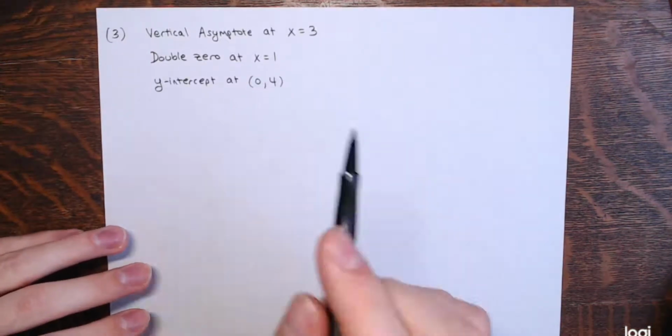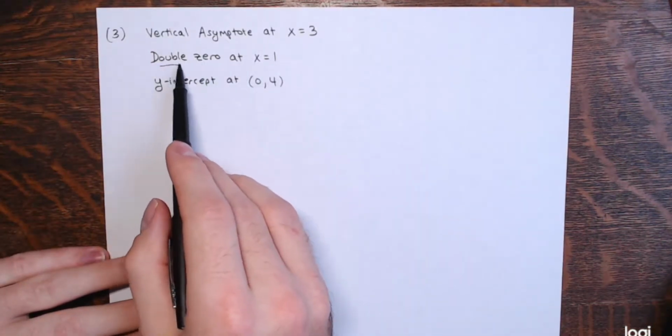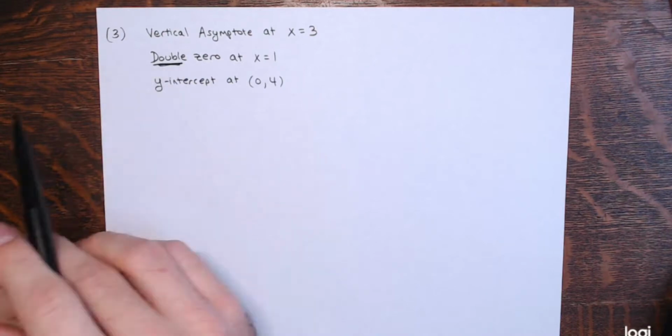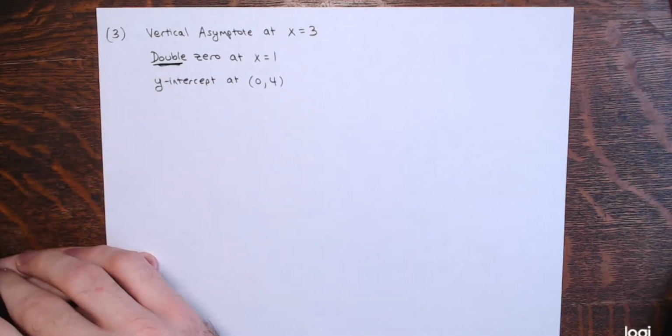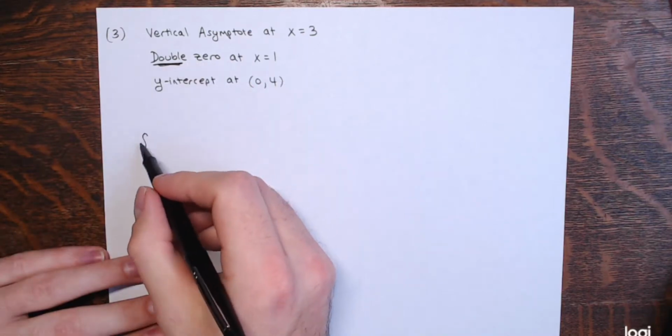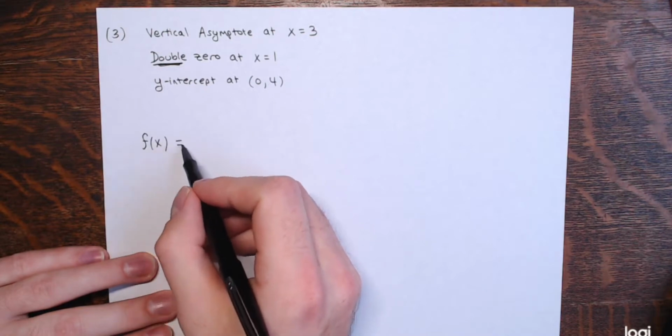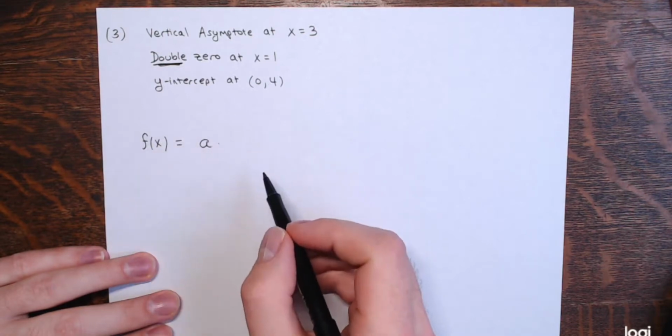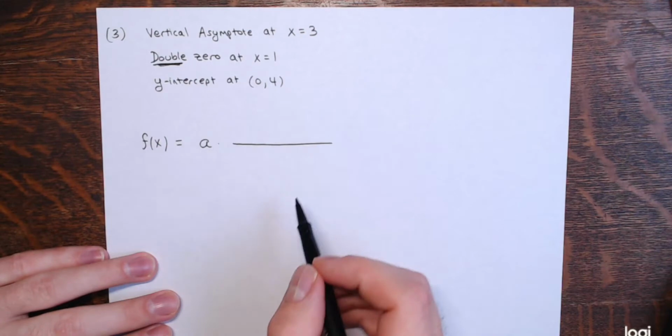All right, another one. Okay, so vertical asymptote. Now double 0, remember what that means. That means that it's an x-intercept with a multiplicity of 2. Right? So we have f of x equals some scale factor a times a fraction.